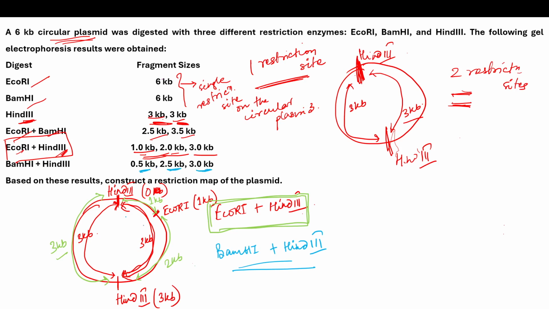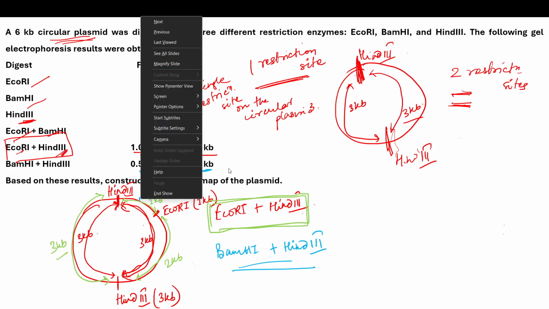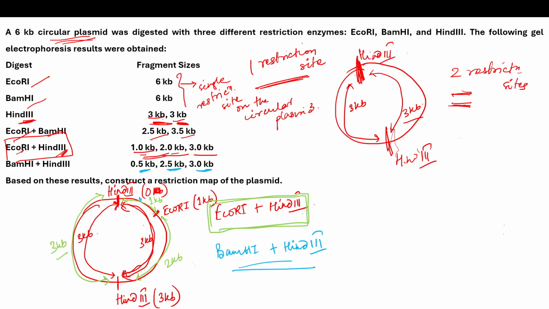Now suppose we are placing a BamH1 site here, which is a 0.5 kb fragment, okay, 0.5 kb.